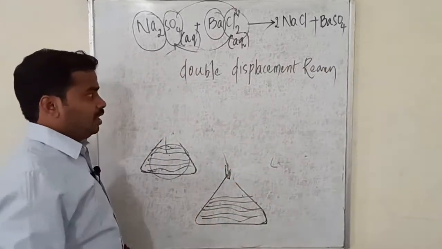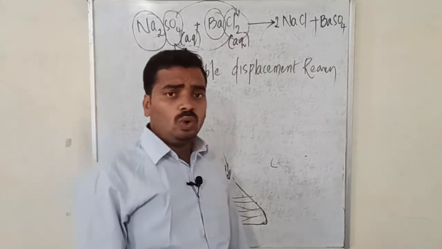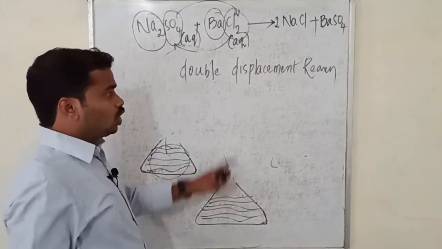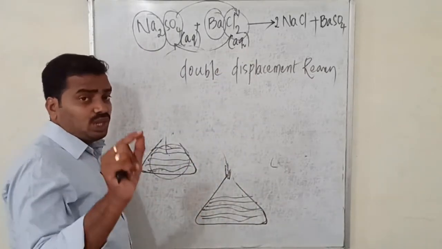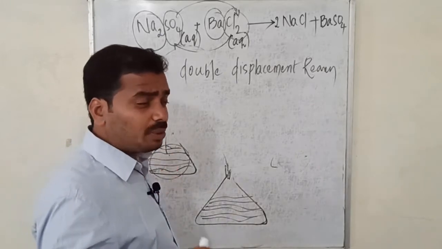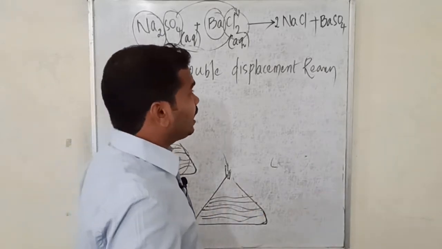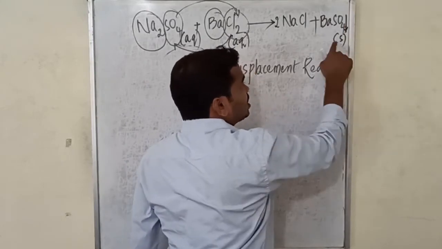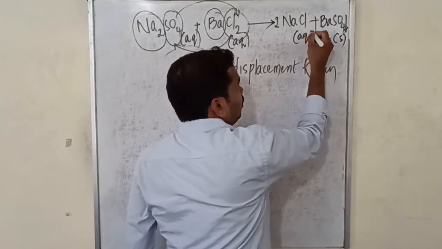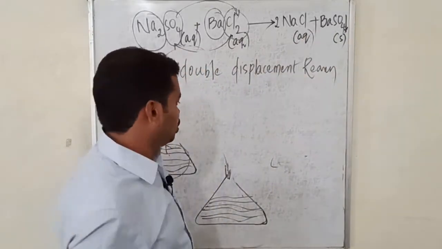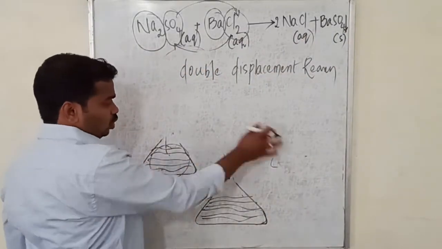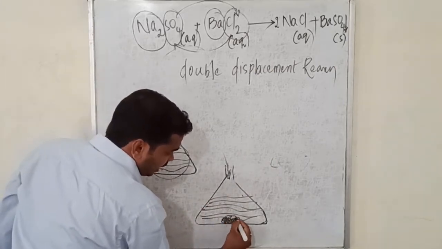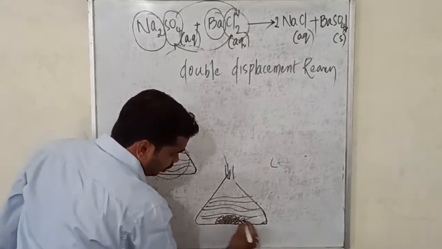At the same time, listen, you have to interpret one more thing from this reaction. Not only double displacement reaction, this reaction shows one more important phenomena, that is formation of precipitate. It is undissolved part in the solution. When you mix these two solutions in a conical flask, you will see some undissolved material which is accumulating at the bottom of the beaker.